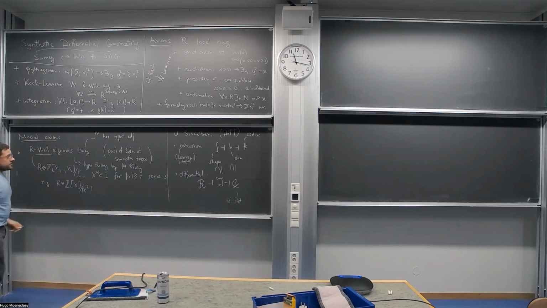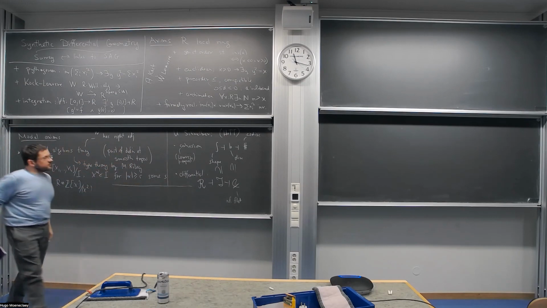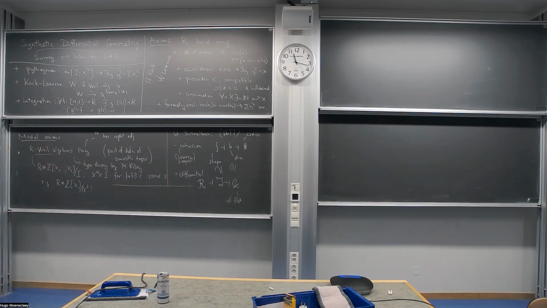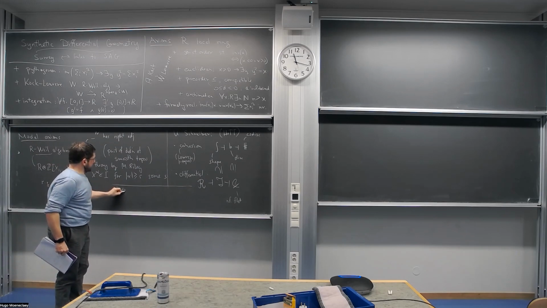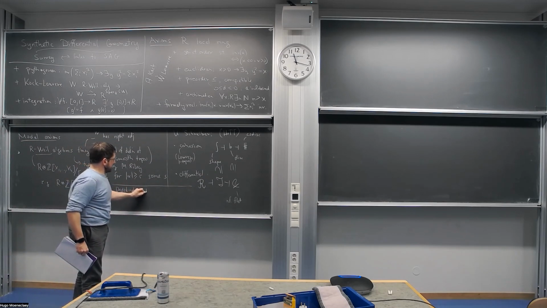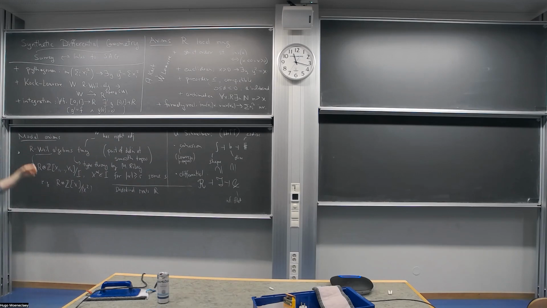So one could wonder what happens with the internal Dedekind real numbers. The Dedekind reals inside your model will be an Archimedean local ring.